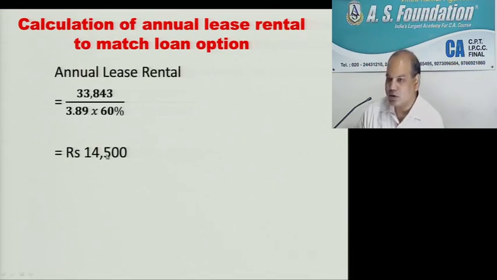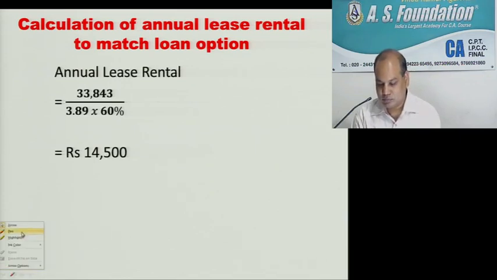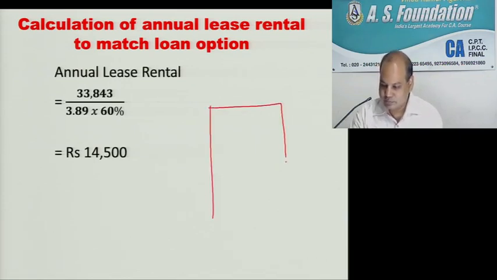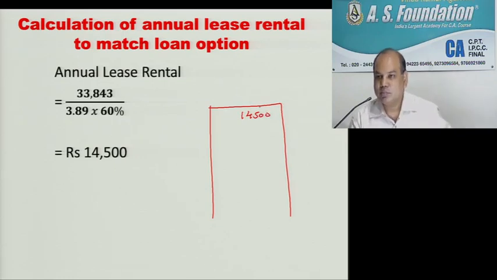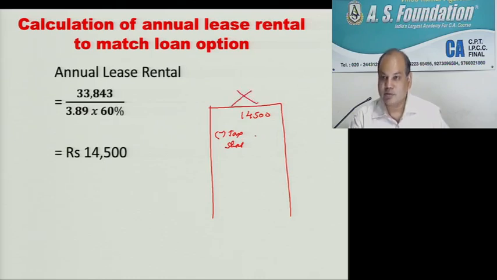You can cross check why this is right. 14,500 is the lease rental you will pay, but you will get tax shield on that. How much tax shield will you get? 40%. So minus tax shield 40%, 5,800.